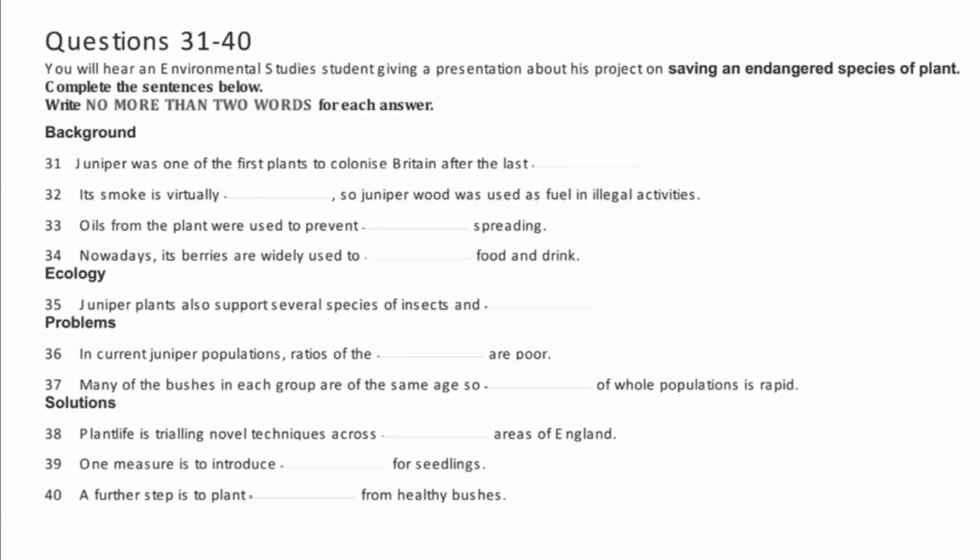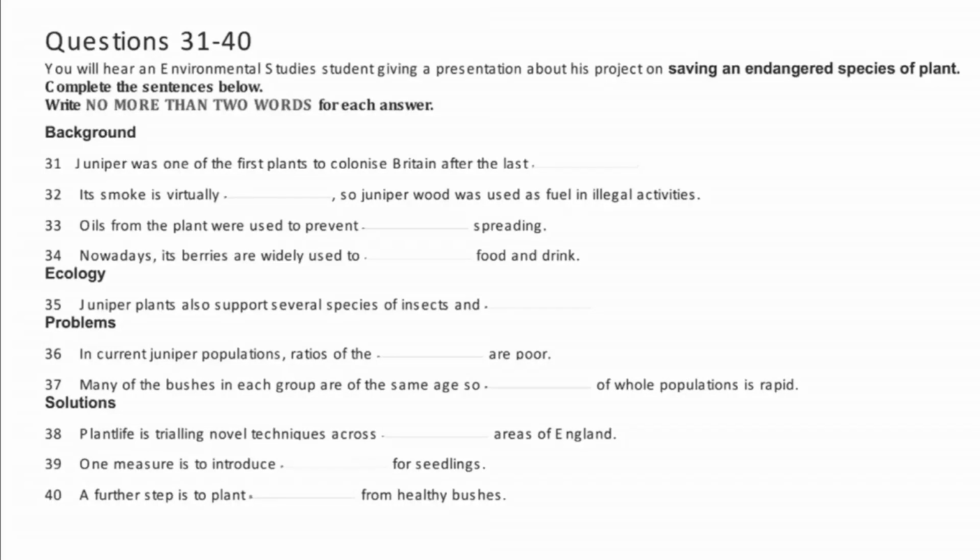Test 1, section 4. You will hear an environmental studies student giving a presentation about his project on saving an endangered species of plant. Now you have some time to look at questions 31 to 40. Now listen and answer questions 31 to 40.